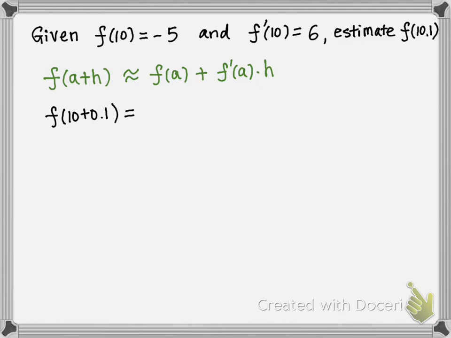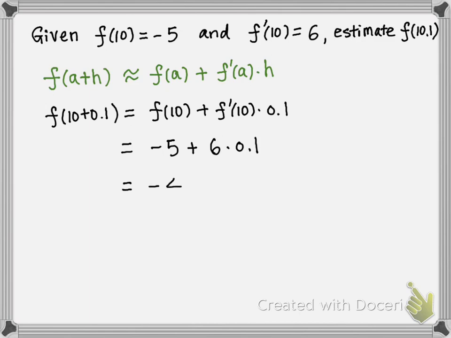So it will equal f at 10 plus f prime at 10 times the change, which is 0.1. Now we can plug in the number. We get negative 5 plus 6 times 0.1. And if you use a calculator, you get negative 4.4.